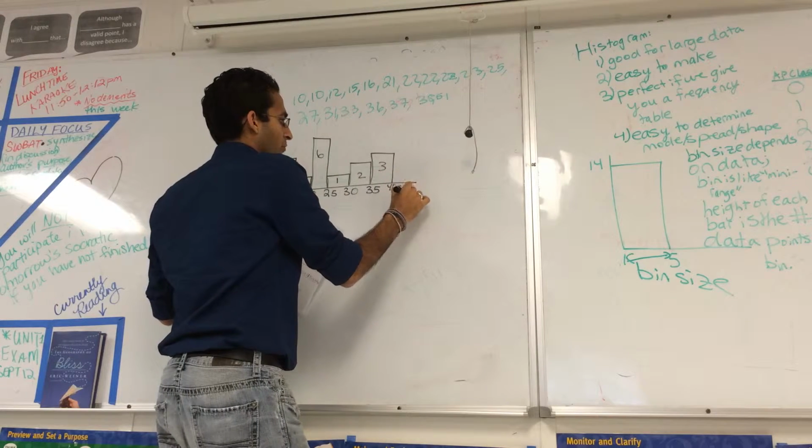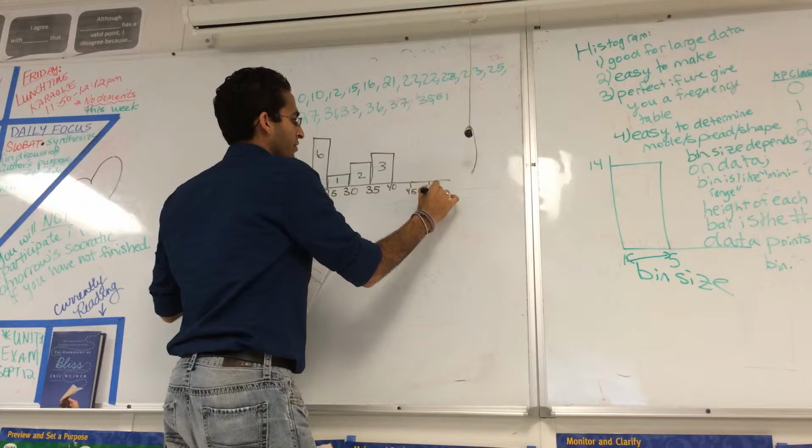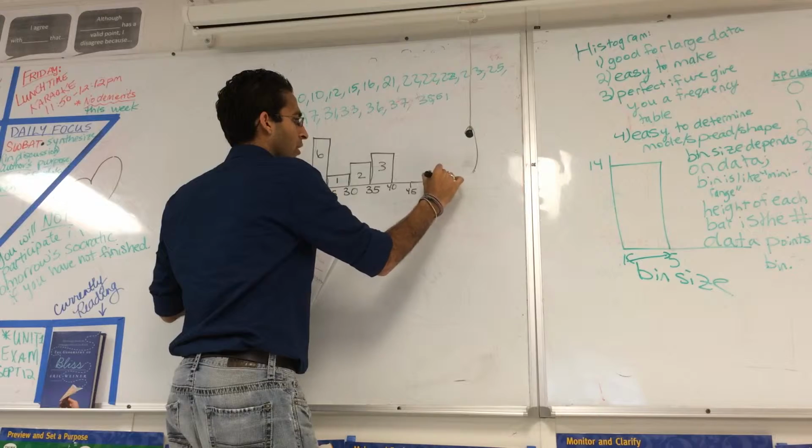And then nothing from 40 to 45, nothing from 45 to 50, and then 1 from 50 to 55.